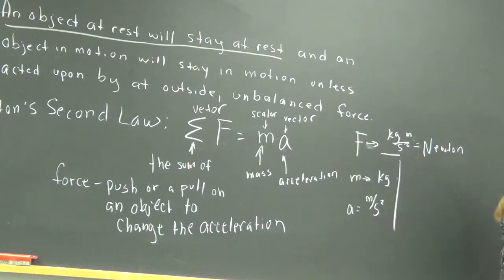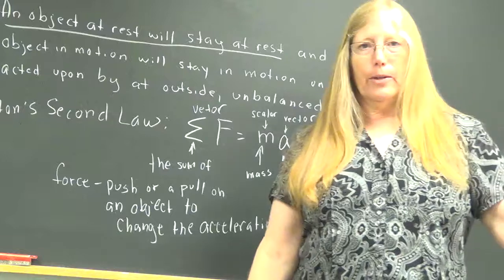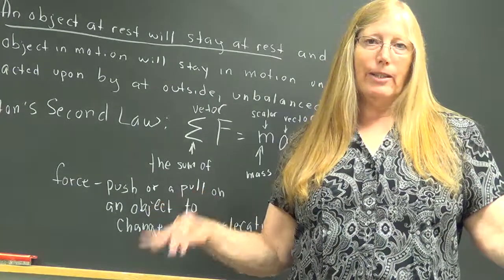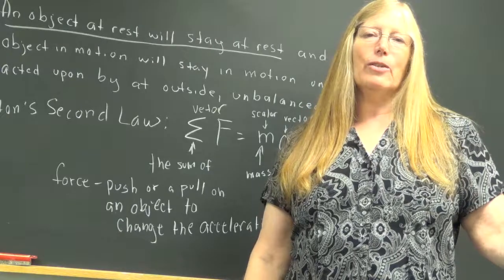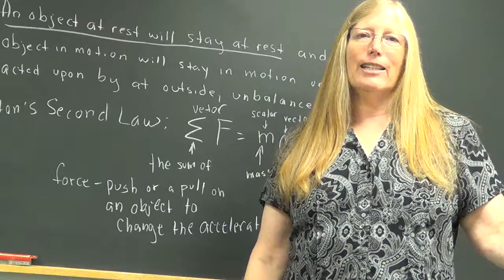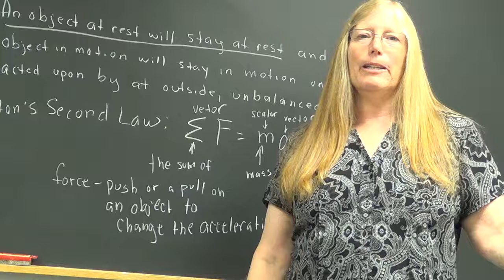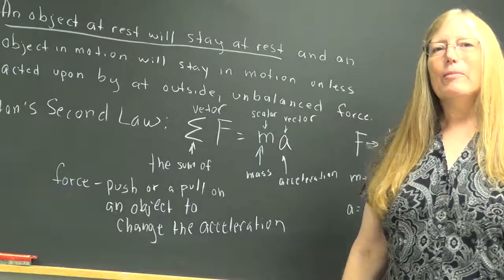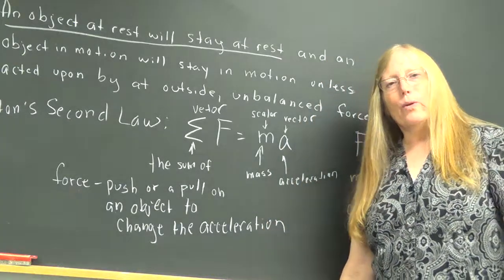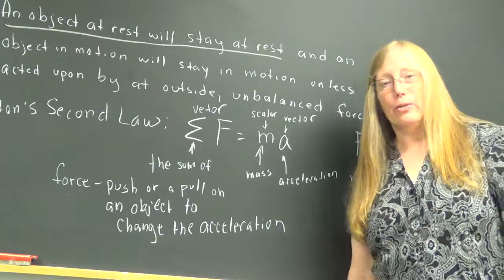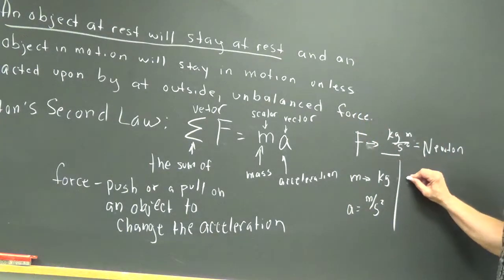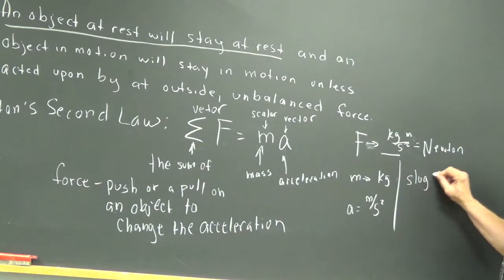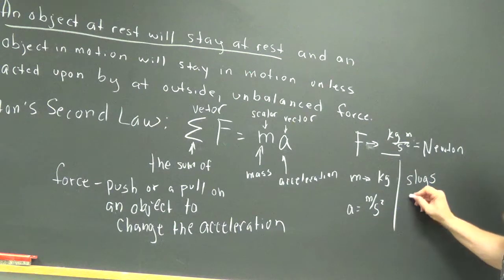Another way we can do that: kilogram meters per second squared is totally metric. Let's cross the boundaries of the ocean and go to the United States, where we do everything a little bit differently. What non-metric units do we use for force? It turns out mass is measured in slugs, and acceleration is in feet per second squared.